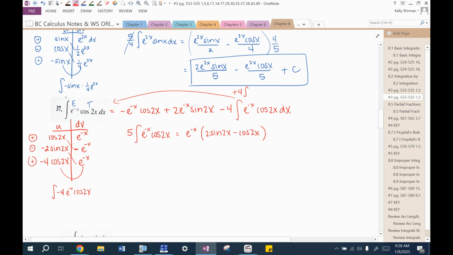Again, that's just personal preference there. There is a plus c happening, but I'm just going to add that at the end. Divide by 5. So 2 sine 2x minus cosine 2x. Let's put the e to the x down there in the 5. So 5 e to the x, and there's a plus c. If you put the plus c in early, just remember anything algebraic you're doing does not apply to the plus c.